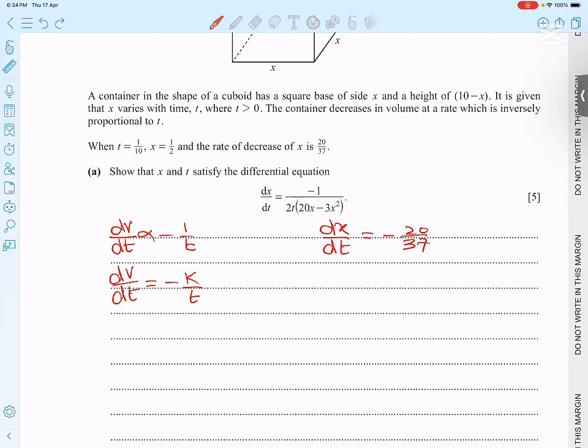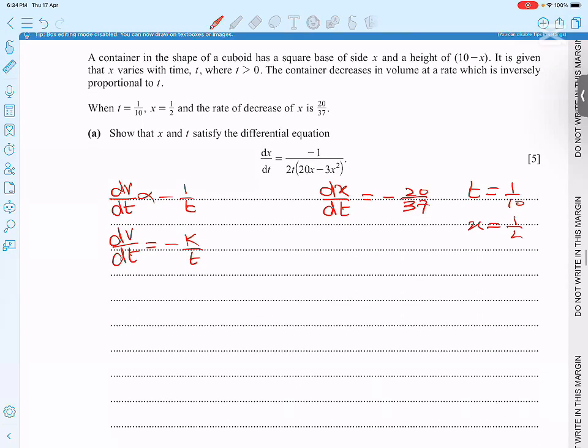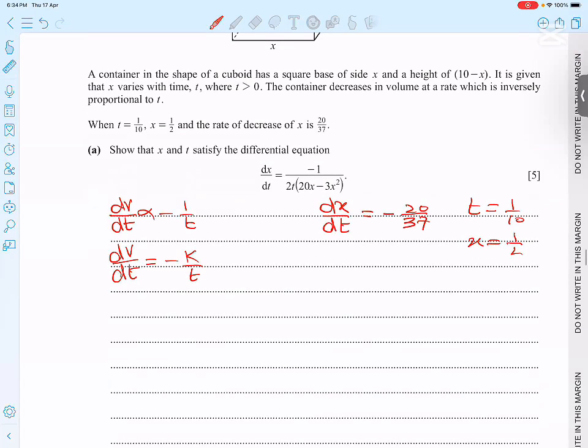And this is given when t is 1 by 10 and x is 1 over 2. So this data is given to us by the examiner. So what is our task? We have to prove this connection. Make sure whenever we have more than two variables involved, x, t, and volume, we always use the chain rule formula, so have a look.